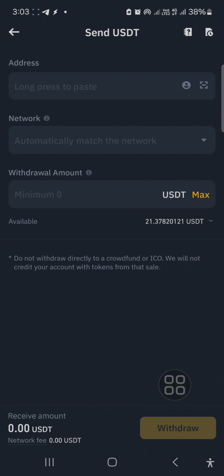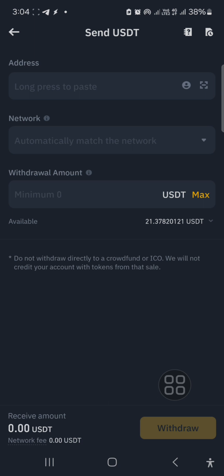It just uses the idea of your normal bank. You need a bank account number, which is like the address. Then you need a network. You write the bank that you want it to be sent to. And then the amount.